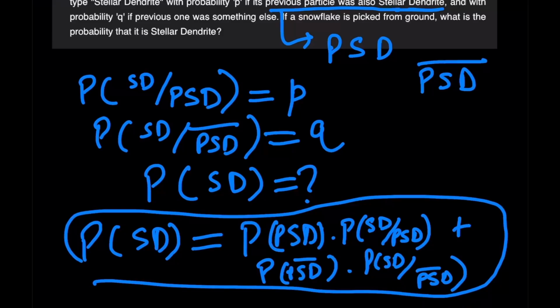So we're including all of the cases. Both of these cases, which have been added together, are mutually exclusive. This is just the basic total probability theorem right here.